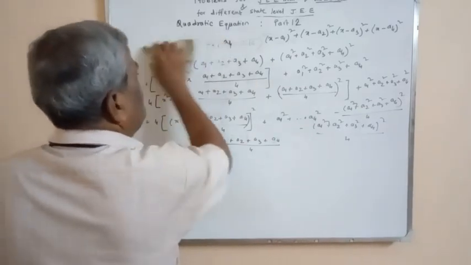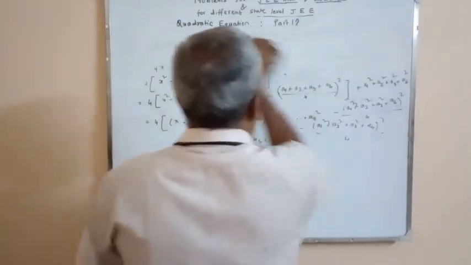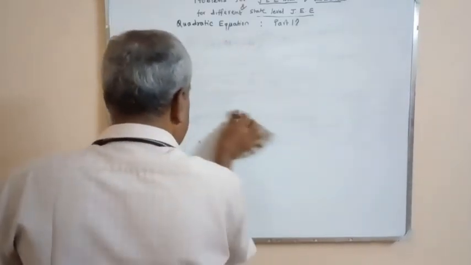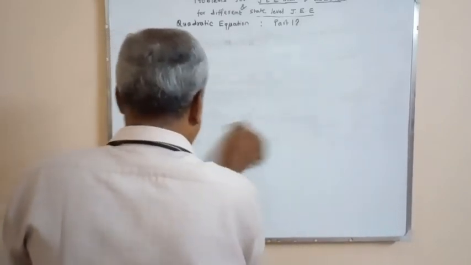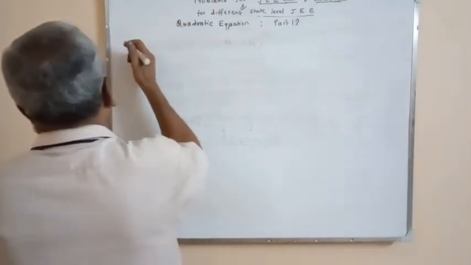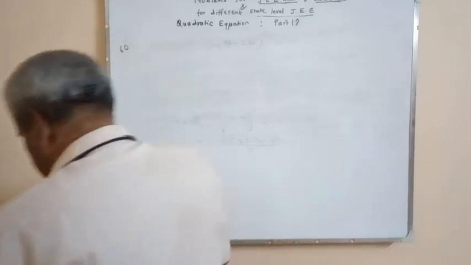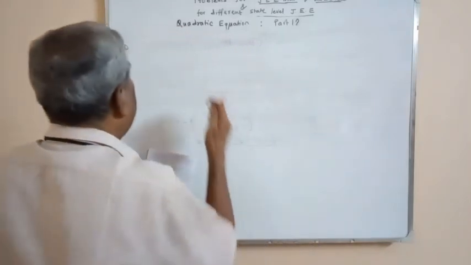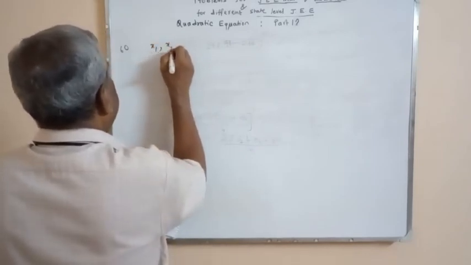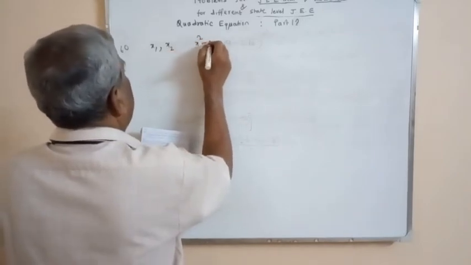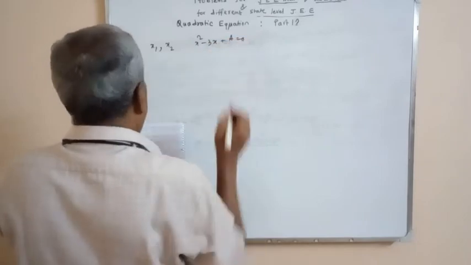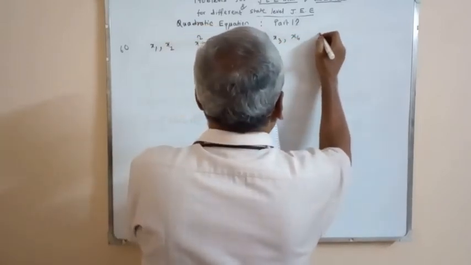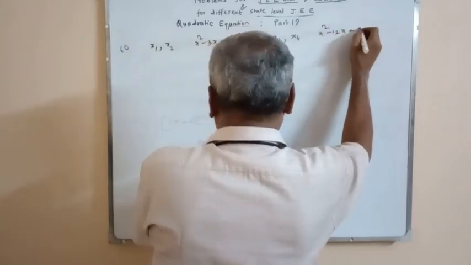Next problem, problem number 60. Problem number 60 is: if x1, x2 are roots of x square minus 3x plus A is equal to 0 and x3, x4 are roots of x square minus 12x plus B is equal to 0.